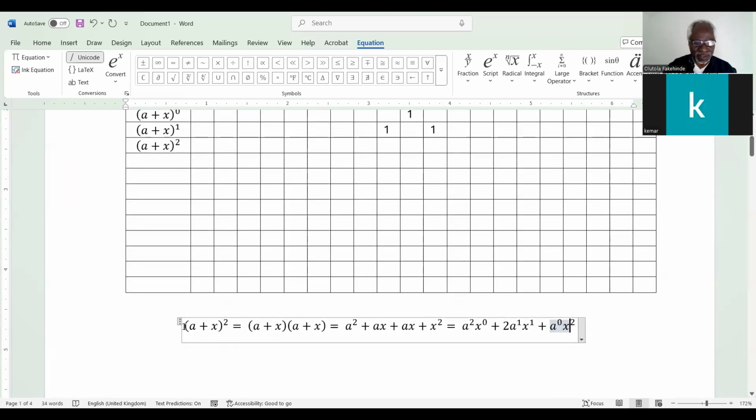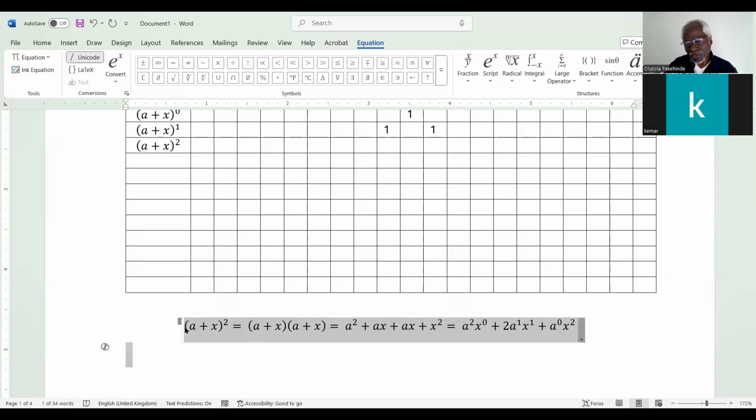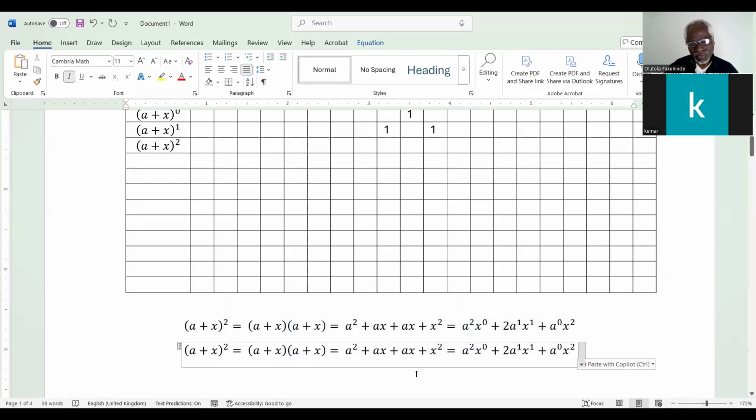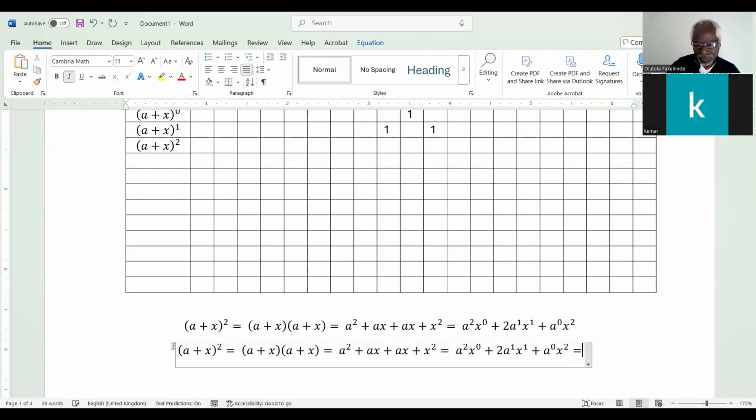So let's write it in a neater form. So now we having all of this will give us AX. All right, let me have it there because we can now say that X to 0 is what?